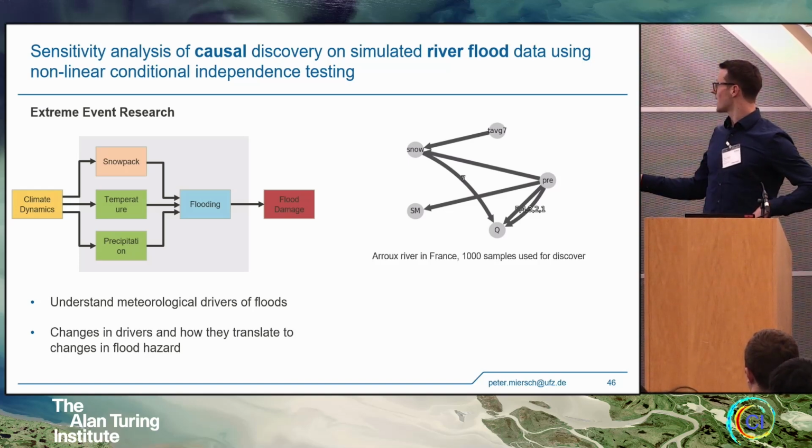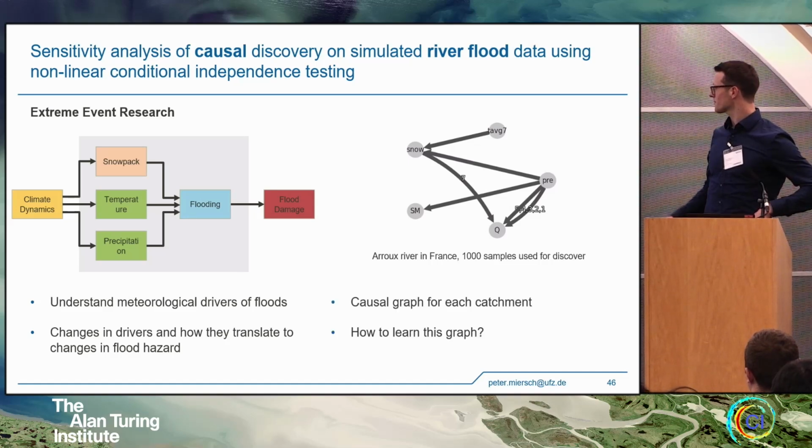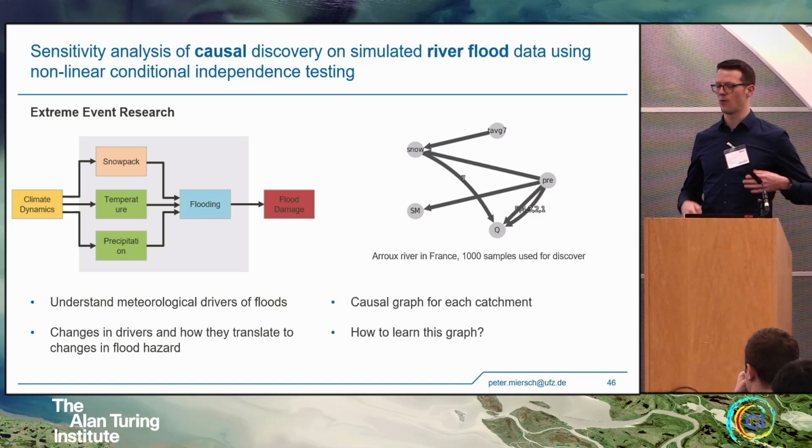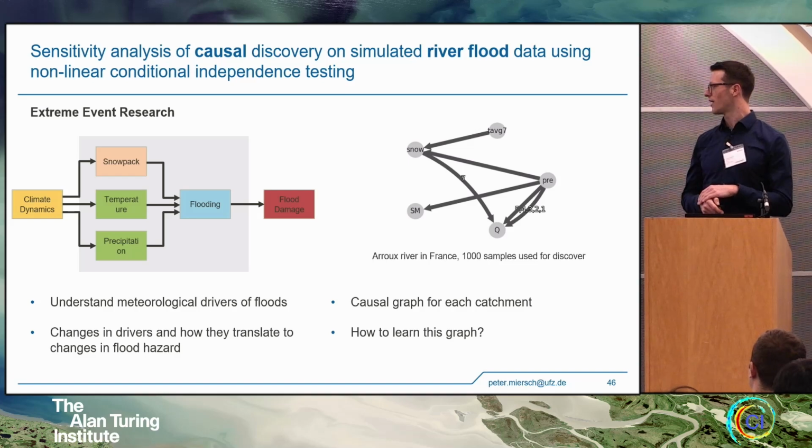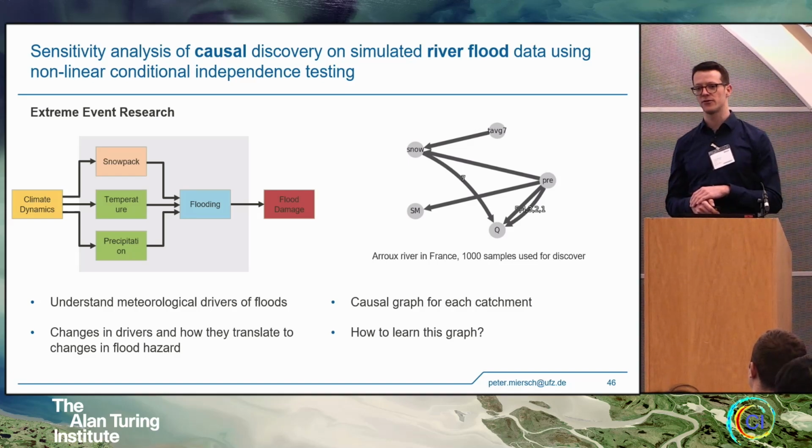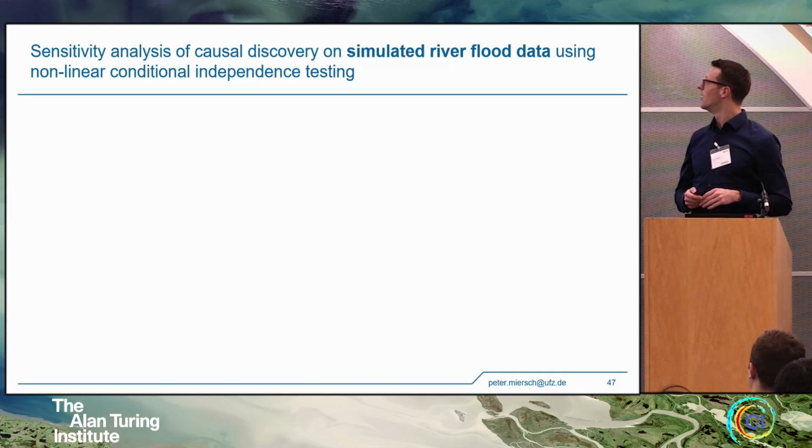And we also have time-lagged effects, like, for example, precipitation is not only important for the same day, but also important for days before the event. And what I want to get is one causal graph for each catchment. And the question is, how do I learn this graph? Because we don't know it in advance.